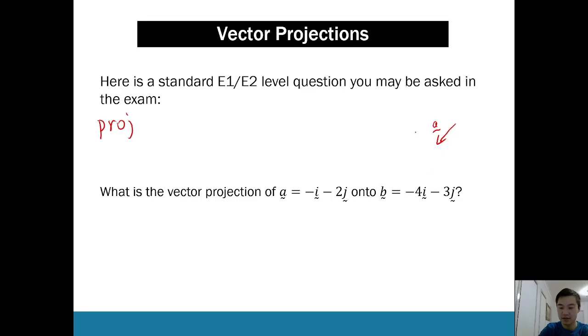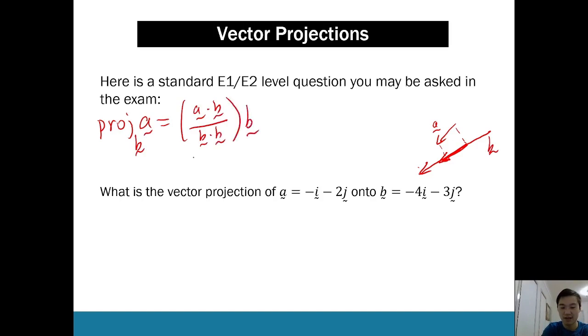So we're basically finding this projection of A onto B. We said the projection of A onto B is the dot product of A with B over the dot product of B with itself, times the vector B.